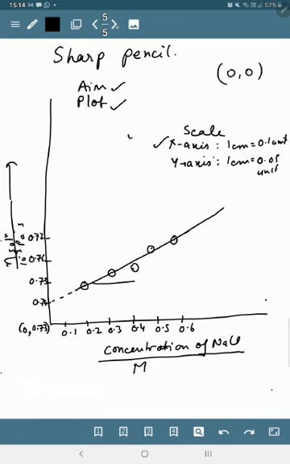Always take points which are not the observation points and then find out the slope. You know how the slope has to be calculated? Slope is equal to y2 minus y1 upon x2 minus x1. So take points, note down these points' y values, note down these points' x values, and then find out the slope. So with this, I think we have explained everything that has to be done about the graph.